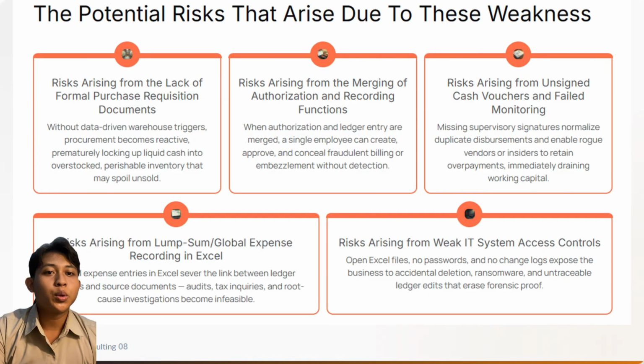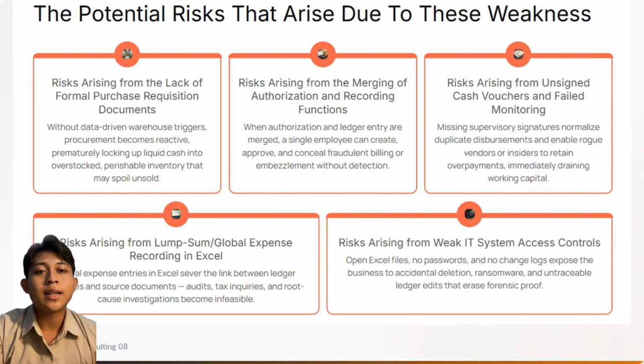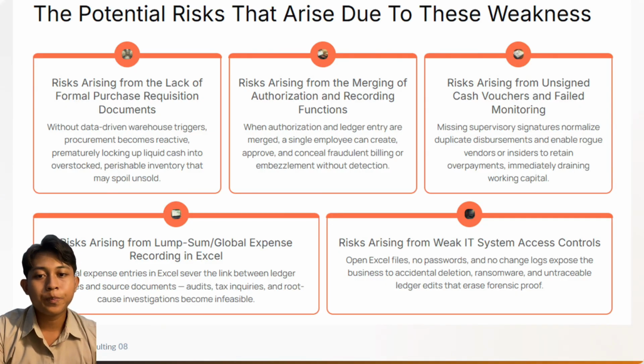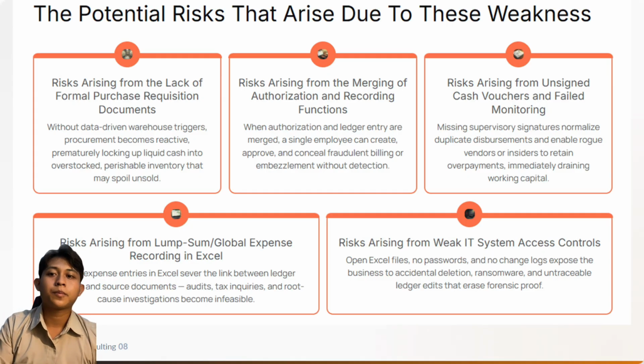Processing disbursements without mandatory supervisory signature normalizes a culture of carelessness. Honest staff can be exploited by using unauthorized personal bank transfers or unapproved payments through the banking system, knowing that management does not cross-check every purchase post disbursement.